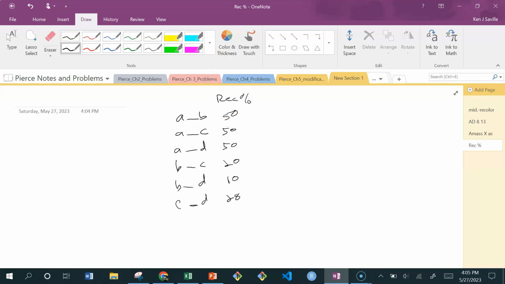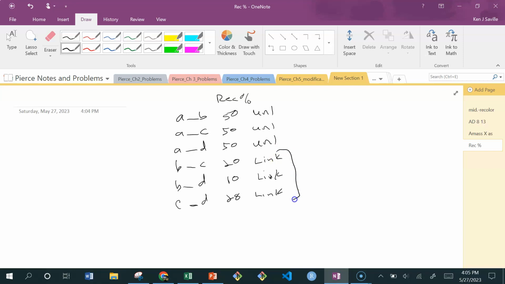So what does that tell us? It tells us that these are unlinked, unlinked, unlinked, linked, linked, linked. Because if it's less than 50%, they're linked. If it's greater than 50%, they're unlinked. So this describes what we call the linkage relationship.